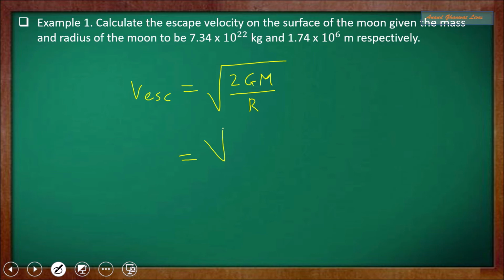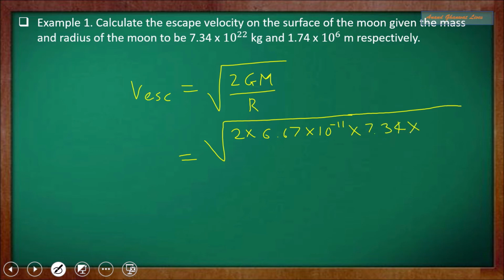Now it is equal to 2 into G, the value of G is 6.67 into 10 raised to negative 11, and value of m, that is the mass of the moon, 7.34 into 10 raised to 22, upon the radius of the moon, that is 1.74 into 10 raised to 6.